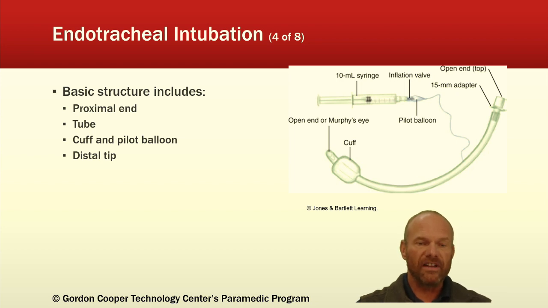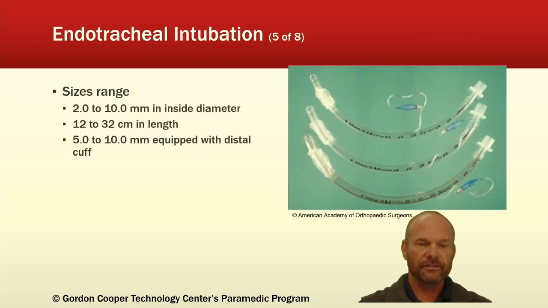Centimeter markings are found along the tube to measure and confirm the depth of insertion, ensuring proper placement. And then the distal end features a beveled tip to make the insertion easier. It has a side opening called the Murphy's eye, which allows ventilation even if the tip has become blocked. So even if it becomes blocked with blood or whatever, it's still able to get some oxygen to those areas that need it the most.